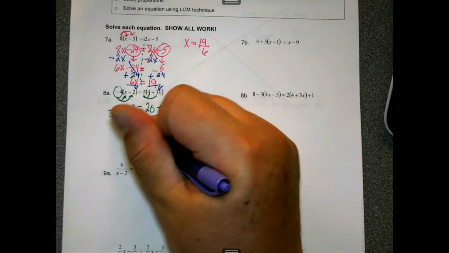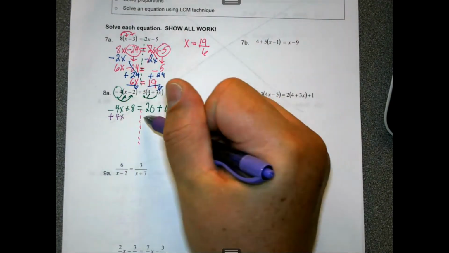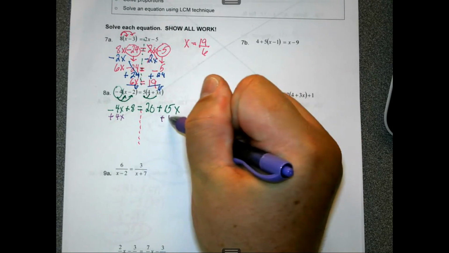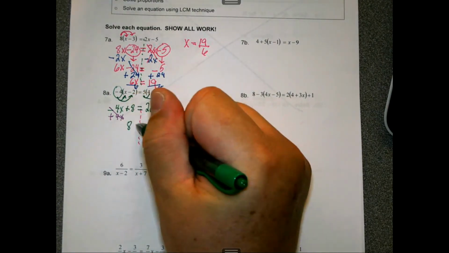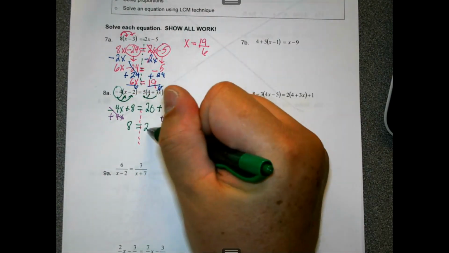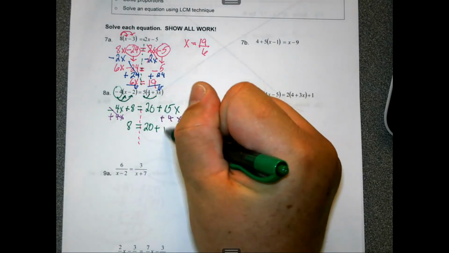Okay, I'm going to add 4x to both sides. So I get 8 equals 20 plus 19x.